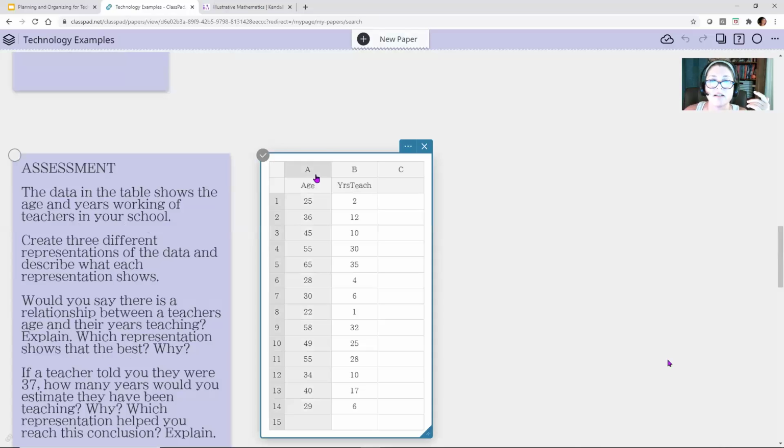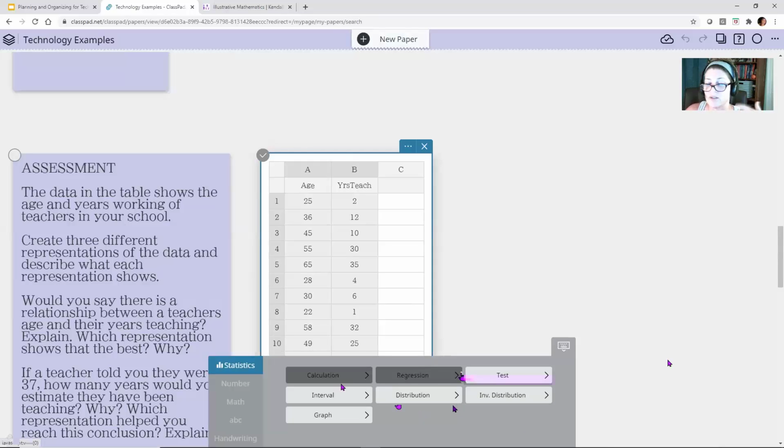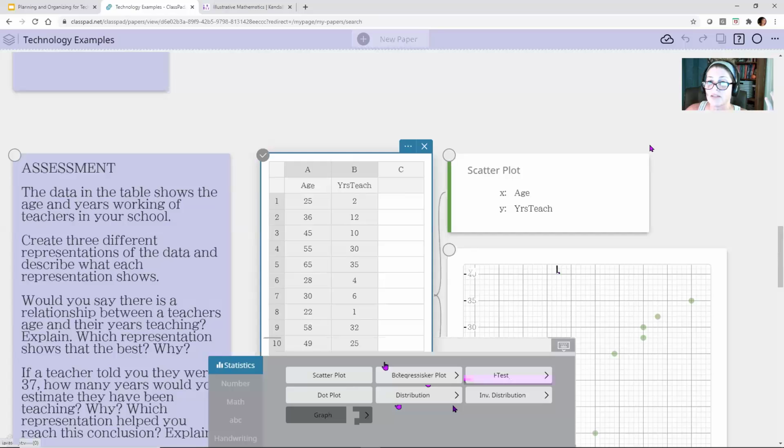For those of you not familiar with Classpad, when you have data, it's very easy to select the variables and do a lot of statistical calculations, regressions, graphs. So let's say I want one of my representations to be a scatter plot. And so here's my scatter plot.